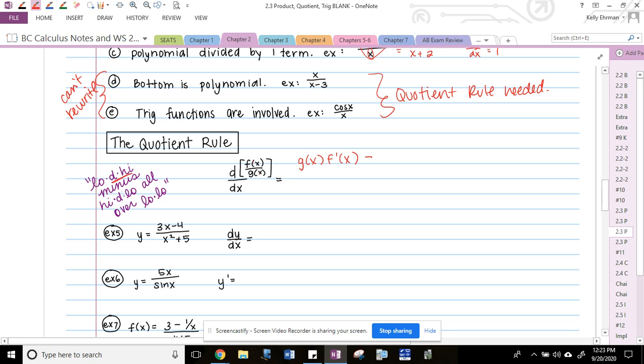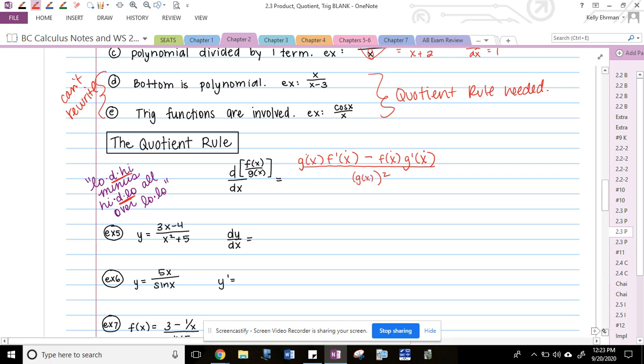So D high, D low, derivative of low. So high, f of x, times the derivative of the low function, g prime of x, all over low low, so all over g of x squared. Low D high minus high D low over low low.